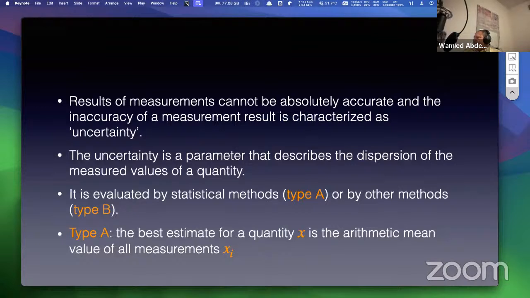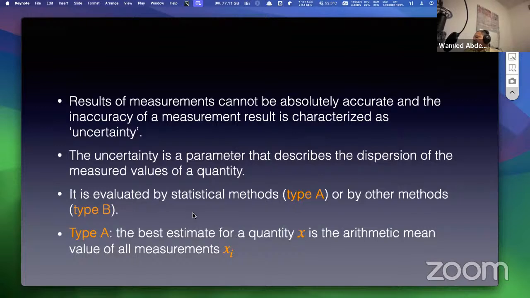Meaning, if we repeat the experiment again and again, and we're getting a dose multiple times, or even a reading multiple times, there might actually be differences in the readings every time we repeat the experiment.